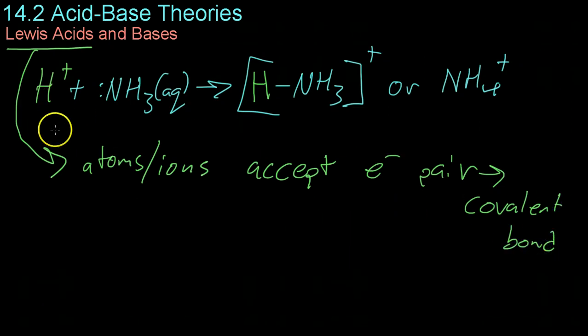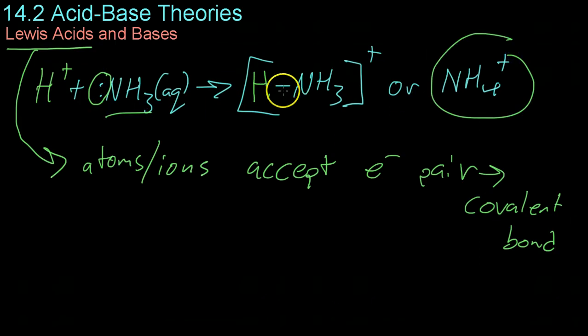In this case, the Lewis acid would be this lone proton, which would also be a Bronsted-Lowry acid, and it would join via this electron pair right here. It would join the ammonia to become positive ammonium, and you can see it joins this electron pair to form what is a bond illustrated by this dash right here.